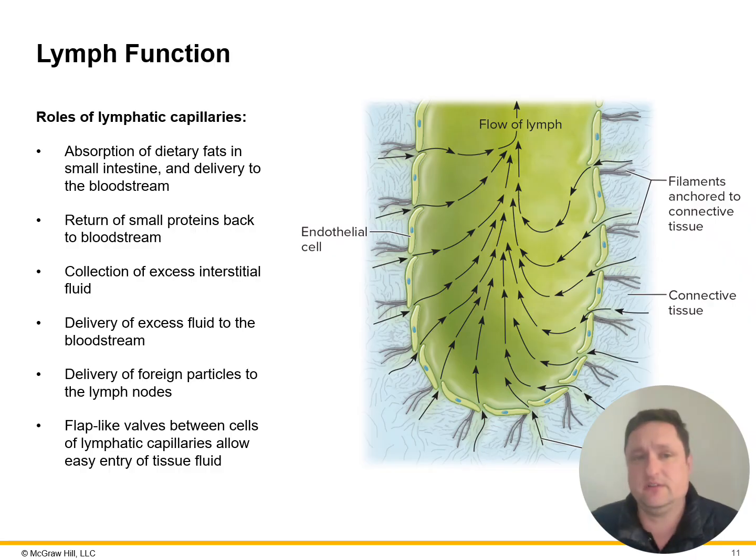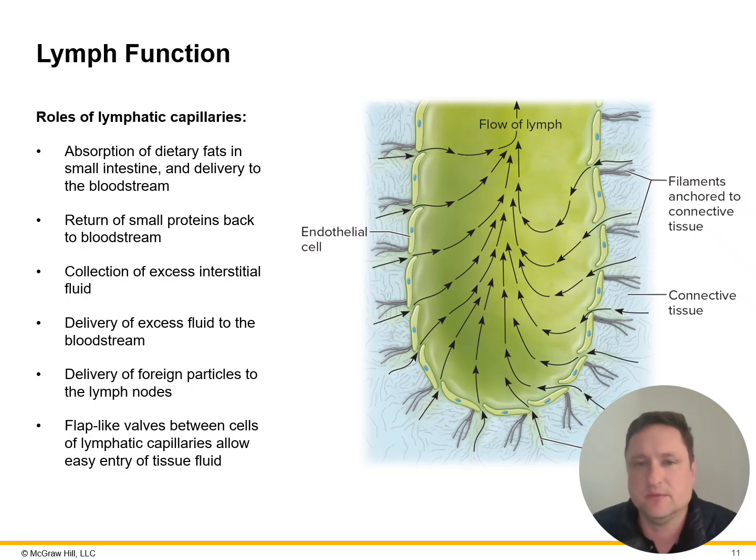Okay, the function of lymph. Functionally, lymphatics do four major things in transit. Number one, they absorb dietary fats from the small intestine and deliver them to the bloodstream. This is a task blood capillaries can't manage because lipid droplets are too large.